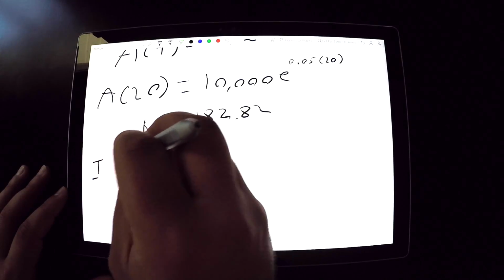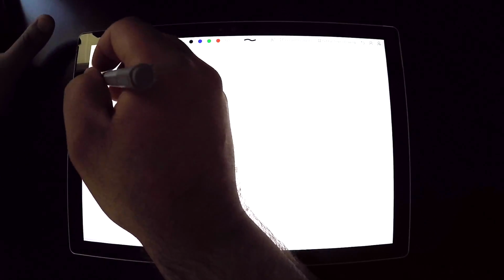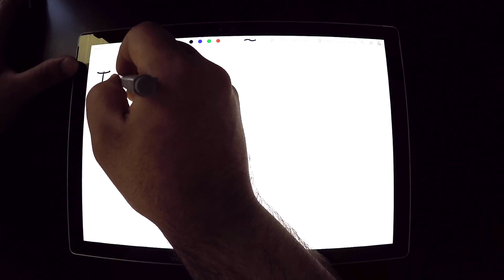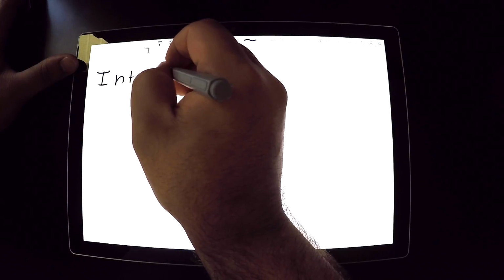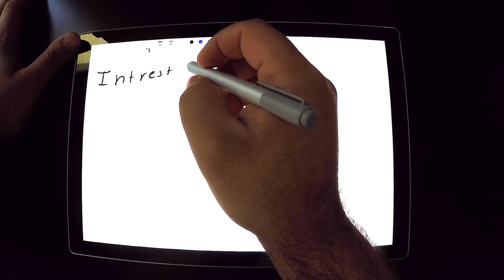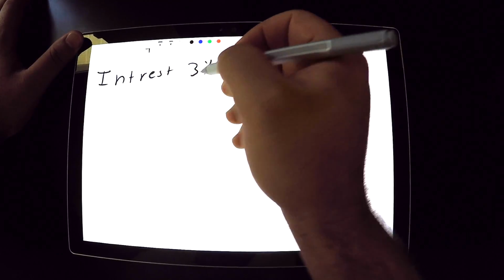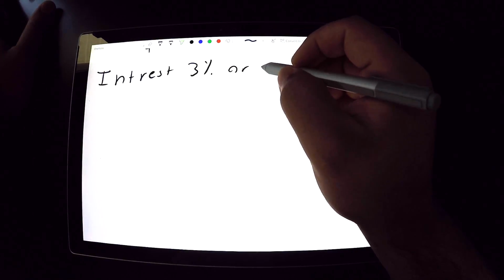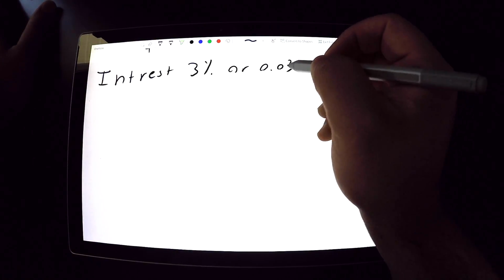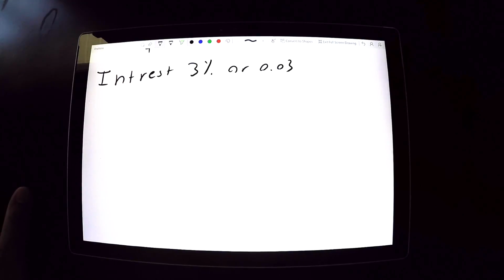Let's make this on a bigger screen, so we don't get confused. So if the interest rate is 3% or 0.03, and n equals 4, so that's quarterly.